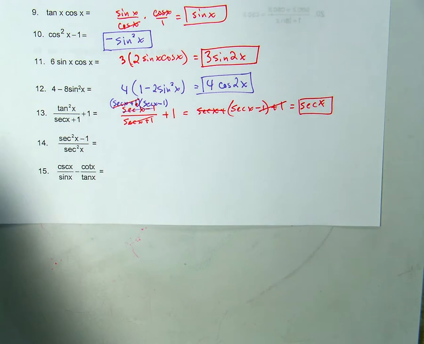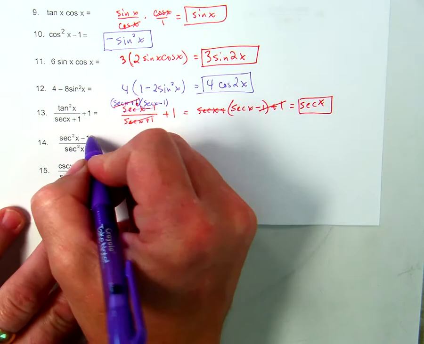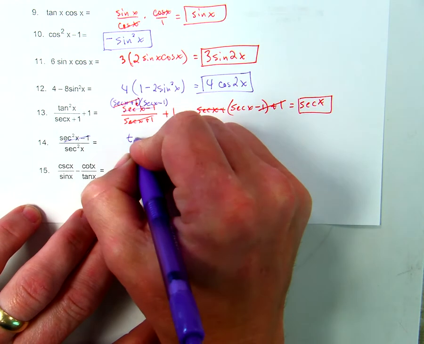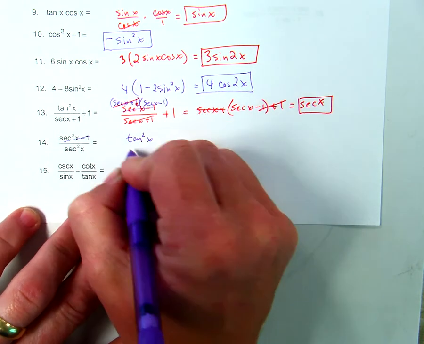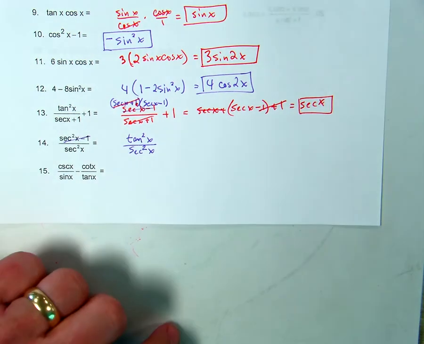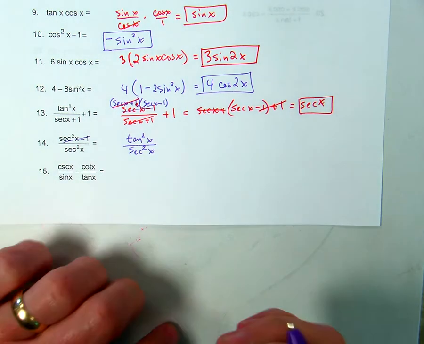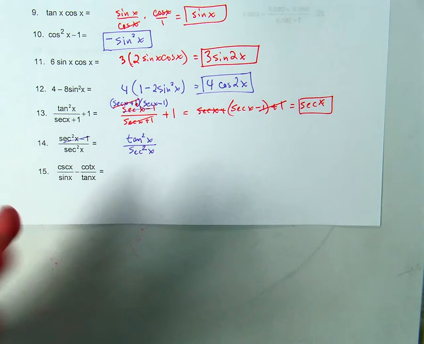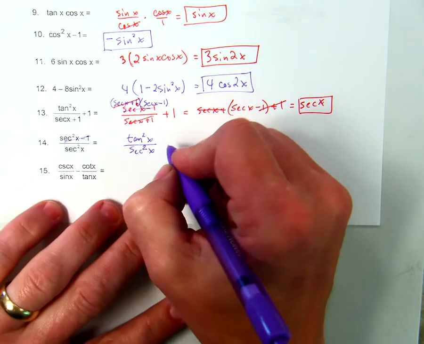Number 14, we have secant squared x minus 1. That actually is a Pythagorean identity. That becomes tangent squared x over secant squared x. Now what we can do with this, we can actually change this. Again, change it to sine cosine, might be able to see this a little better.